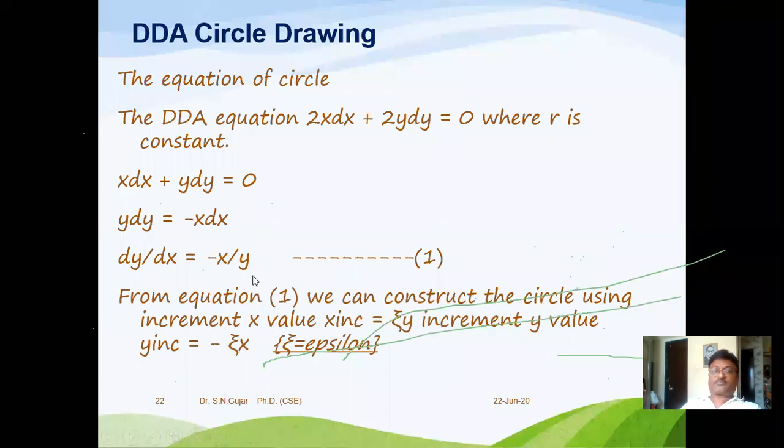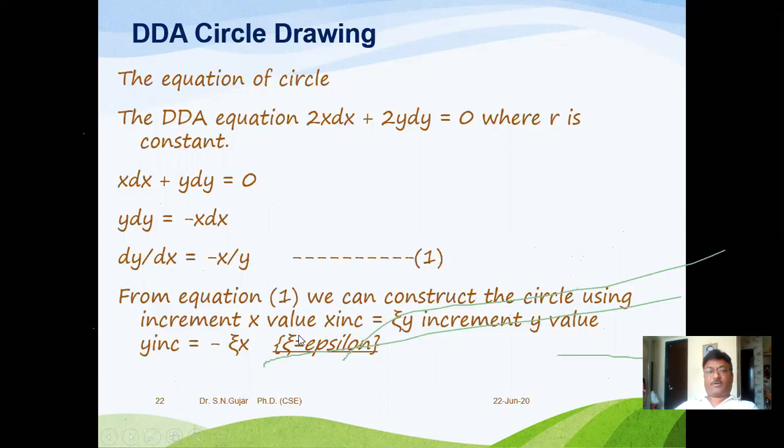Now from this equation 1, what you can do? We can construct the circle using the increment of x value, because we need to calculate x increment and y increment. So x increment becomes epsilon y, that is increment y value, and y increment becomes minus epsilon x. So this is the symbol that I have drawn for the epsilon.